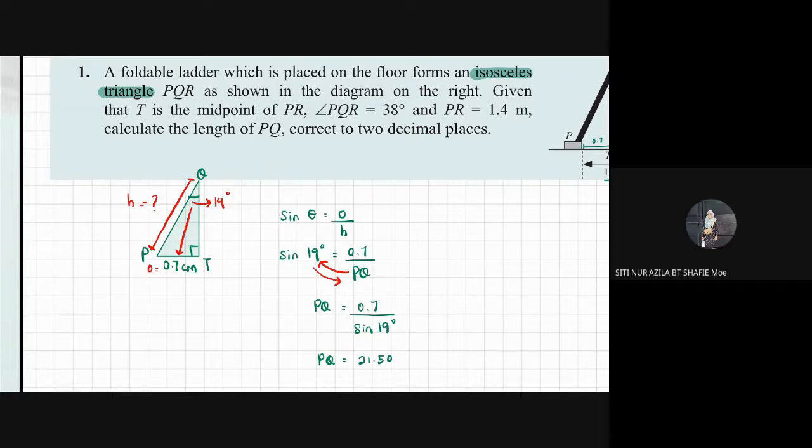But if you want to further your study in additional math later, if you want to join STEM, trigonometry is one of the most important things also. Later, if you are interested in engineering or architecture, this is the basic. So, is this chapter important?